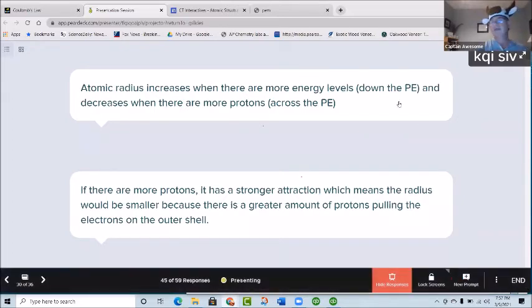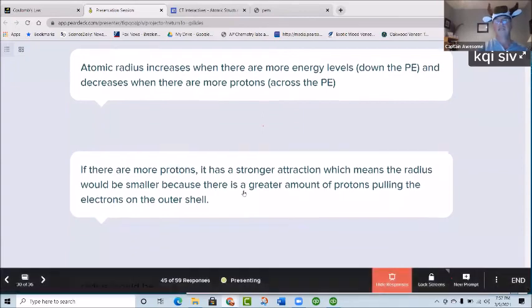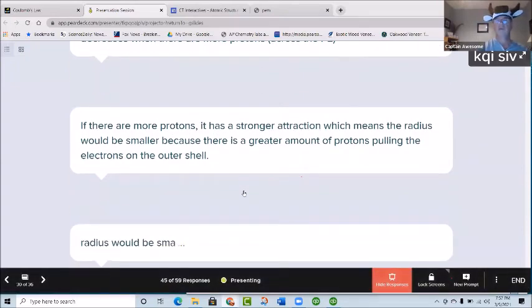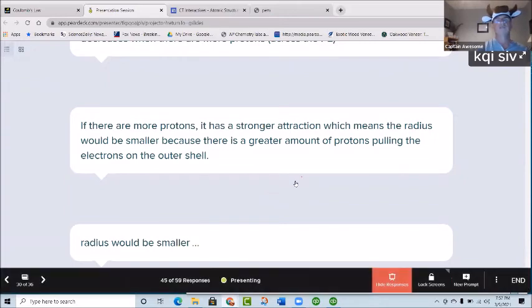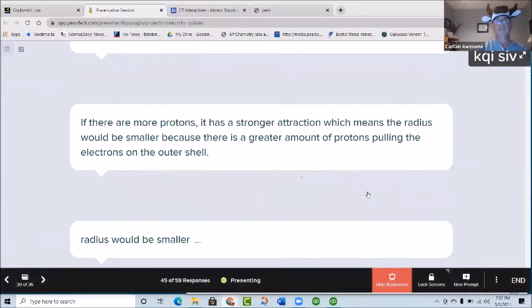So including that piece of information doesn't really help you explain your answer. The other part that you're missing is why does it decrease when there are more protons? The second answer, if there are more protons, it has a stronger attraction, which means the radius would be smaller because there's a greater amount of protons pulling the electrons.